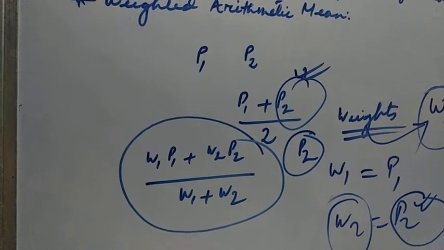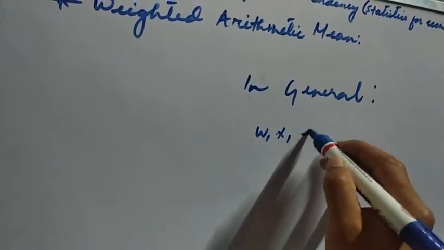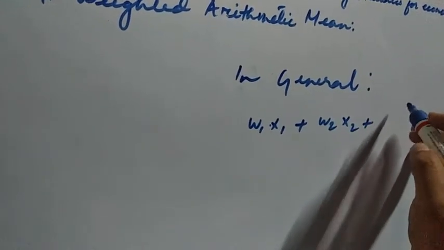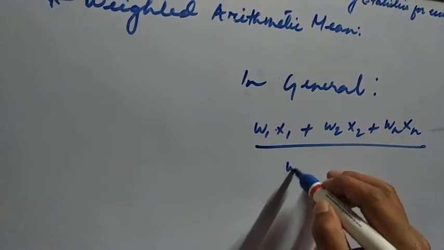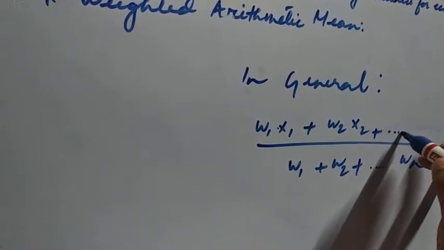And in general, you can write like this. So in general, the formula for weighted arithmetic mean is W1 x1 plus W2 x2 plus ... plus Wn xn, divided by W1 plus W2 plus ... plus Wn.